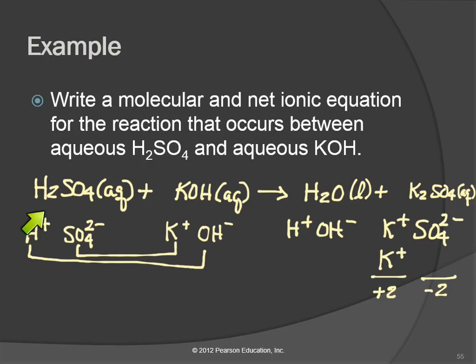So I'm taking, just like we did for precipitation reactions, I'm taking the acid apart. It's going to be hydrogen ions and whatever else is left. I'm taking the base apart. It's probably going to be a metal and then hydroxide ion. And then I'm swapping the partners. And you have to have a plus with a negative. You can't have 2 positive ions together because they will repel each other.